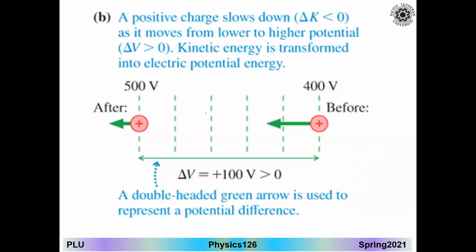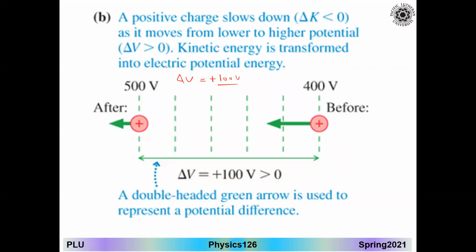However, the situation is different if you are moving from low electrical potential to high electrical potential. In the same way you find delta V, and you end up with a positive 100 volt.